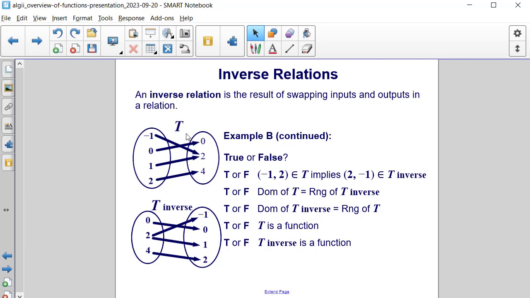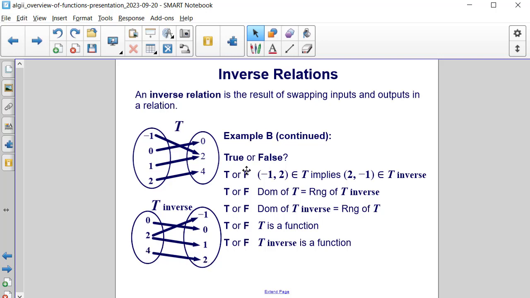We had our relation T mapping from -1 to 2, 0 to 0, 1 to 2, and 2 to 4. And T inverse maps from 0 to 0, from 2 to -1 and +1, and then it maps from 4 to 2.